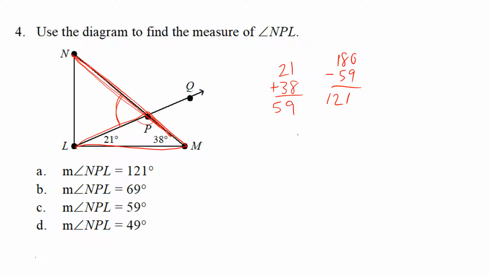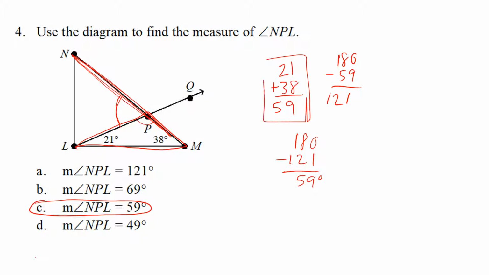So once again, I take 180 minus 121, and that is 59 degrees, and that is our answer right there. So the easy part, you could just take the sum of those right there and add them up. So 21 and 38, that was our answer in the end.